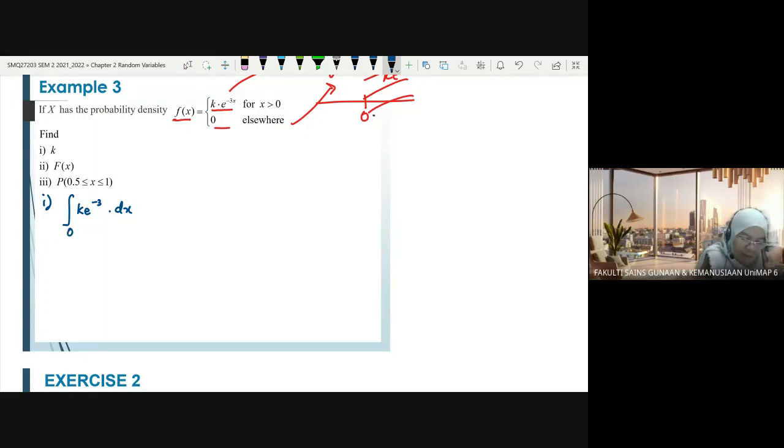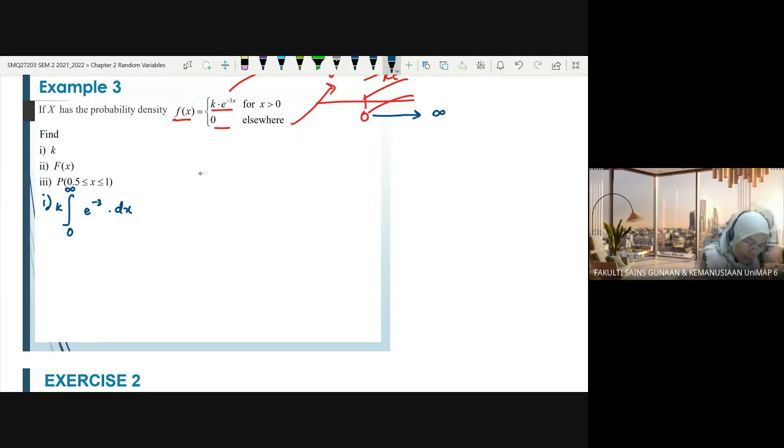We know that as we go on, the upper value will be positive infinity. So here it will be infinity. Take out the k to simplify your calculation, because we know that k is just a constant; it will be just a value.